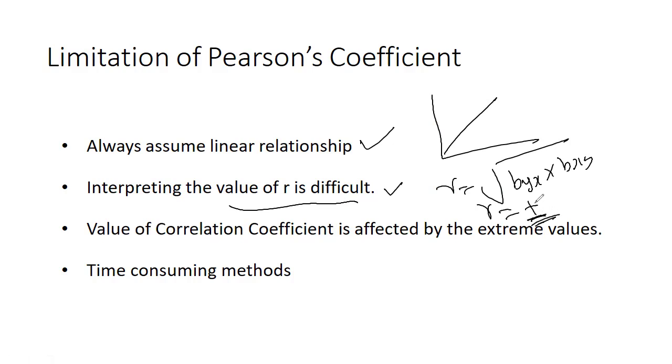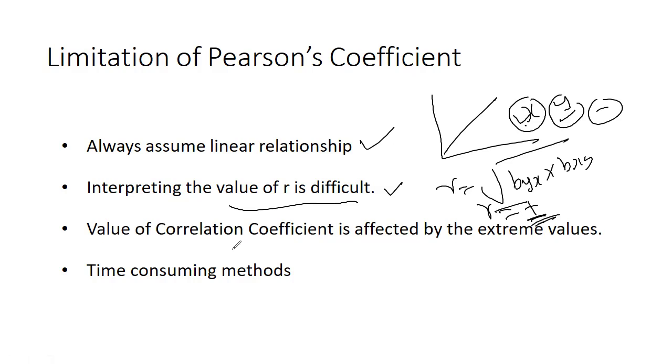So how will you judge? Because R will get two values, you will check the relationship between x and y. If both are positive, then there is a positive correlation. If one is positive and another is negative, then there is an inverse relationship.